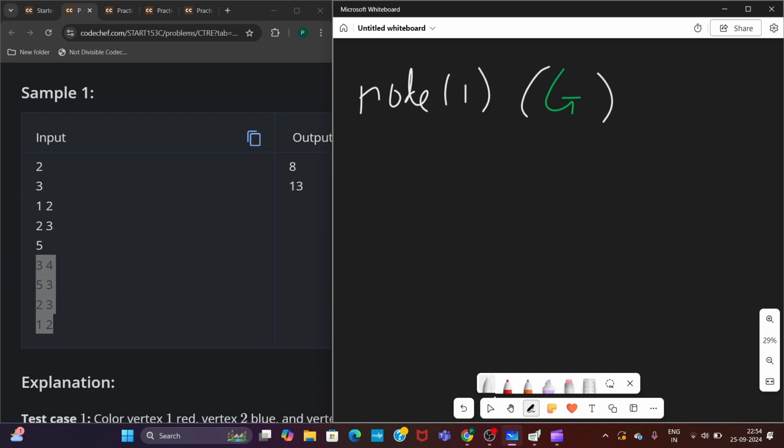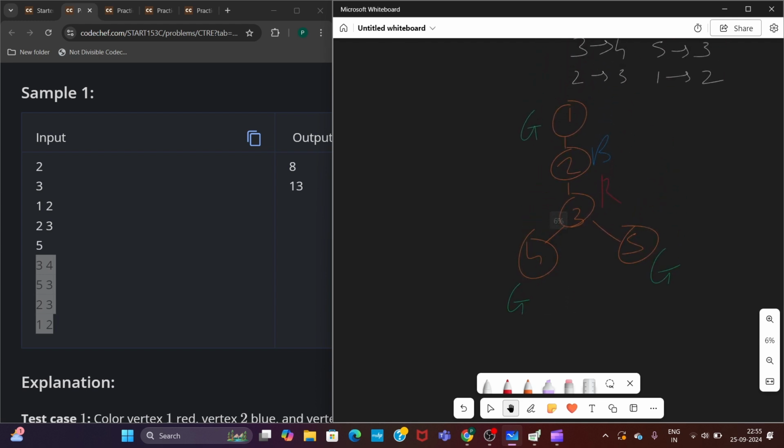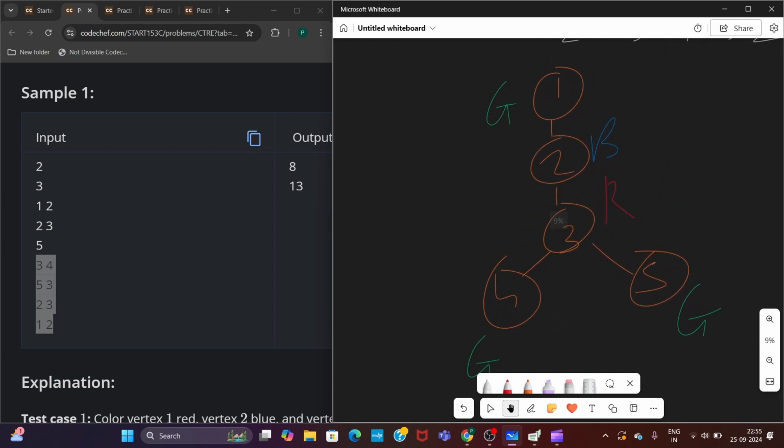Let's see the closest red from node one. Our closest red is at 3. From 1 to 3, how much is the distance? The distance is 2 over here.